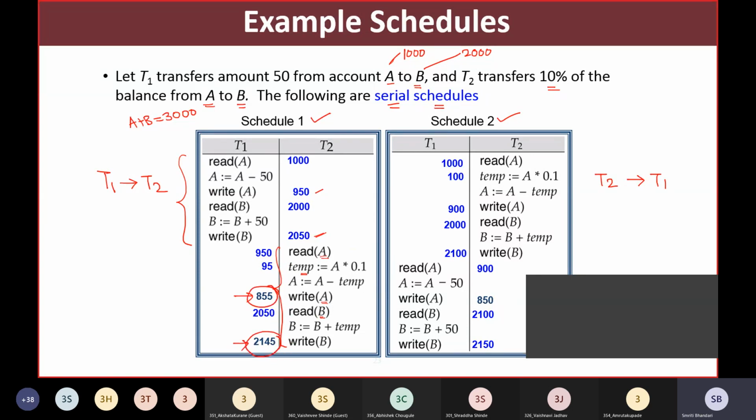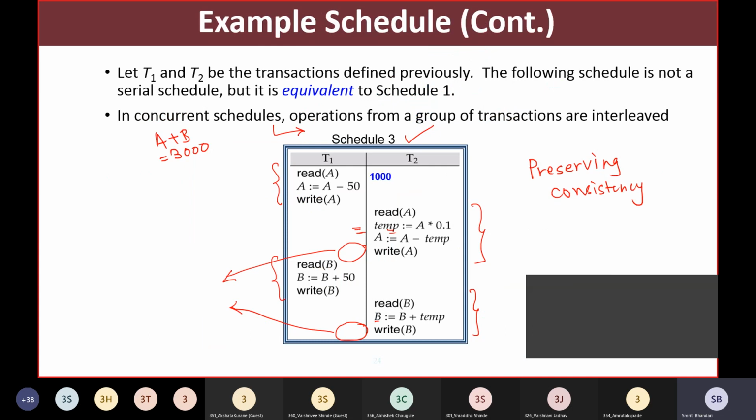So see here, this serial schedule is also producing 855 and 2145. Right? So the same result is being produced by my concurrent execution, that is schedule 3.